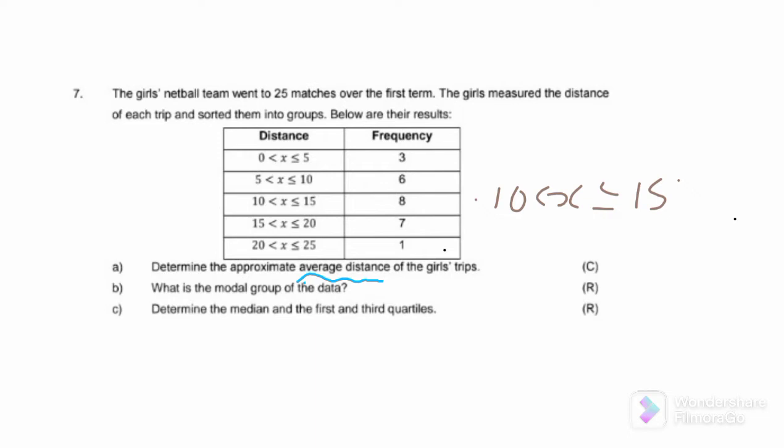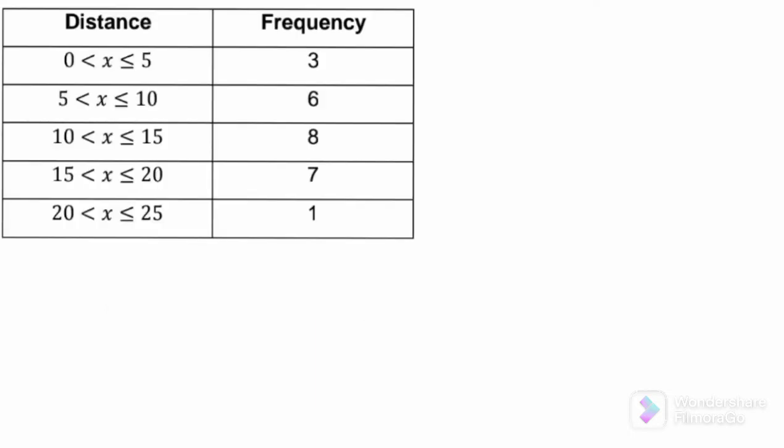In order to get the median, you need to make a different column, which is called the cumulative frequency. So how do we find the cumulative frequency? We're going to make a column here especially for cumulative frequency.